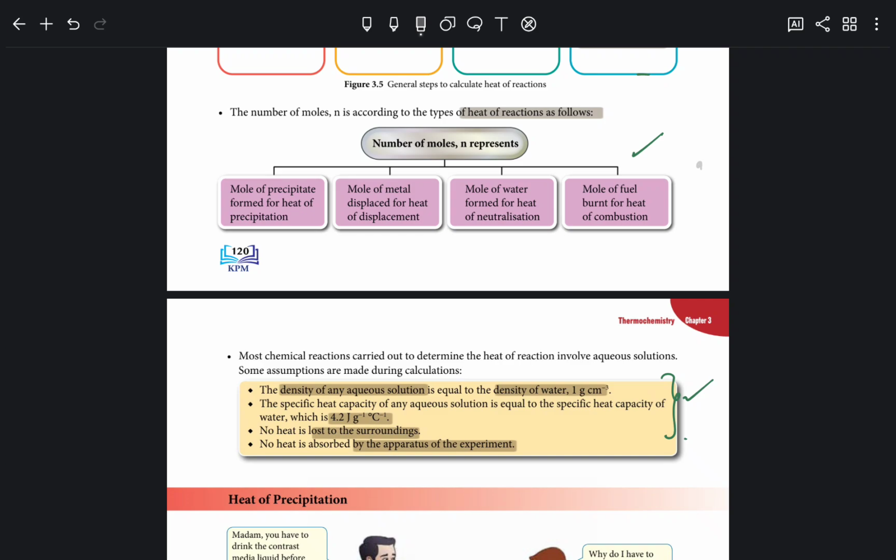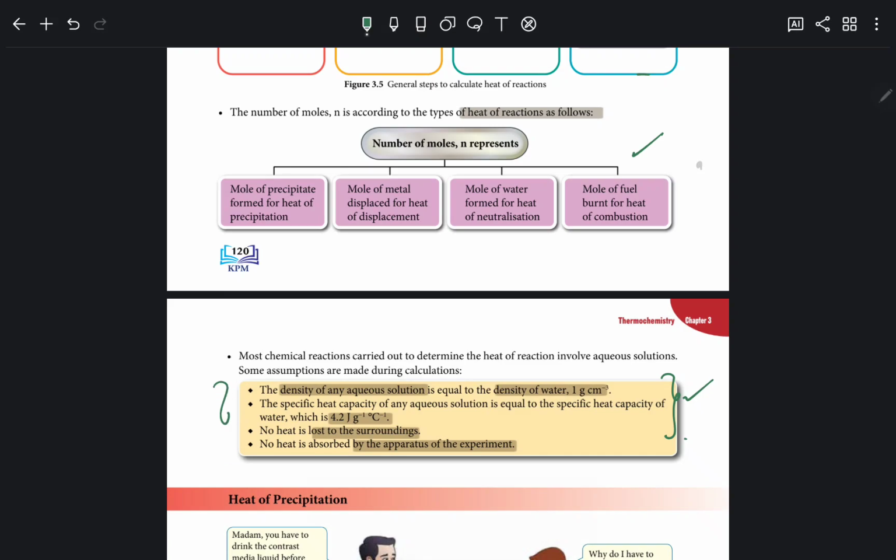And then remember, no heat loss to the surrounding and no heat absorbed from the apparatus. Okay, these are the assumptions. So if suddenly your batch gets a question, state a few assumptions that we make before calculating the heat change in a process, you can state any one of these.